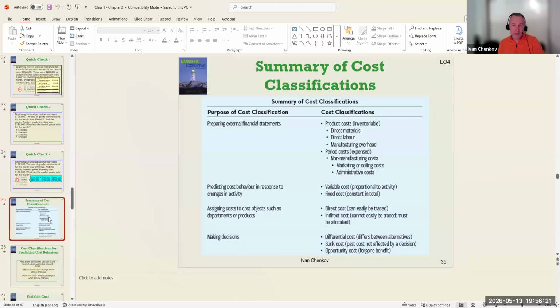Now, the other classification is based on the prediction of the cost. Now we're going to start predicting the cost. In a few minutes, after we finish with these slides, I'm going to start teaching you how to become artificial intelligence, meaning how to predict the cost. We see how the cost behaves, and then we're going to start predicting it.